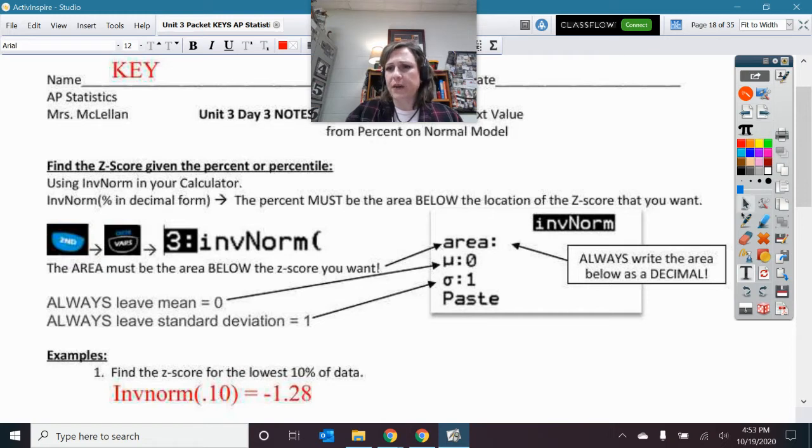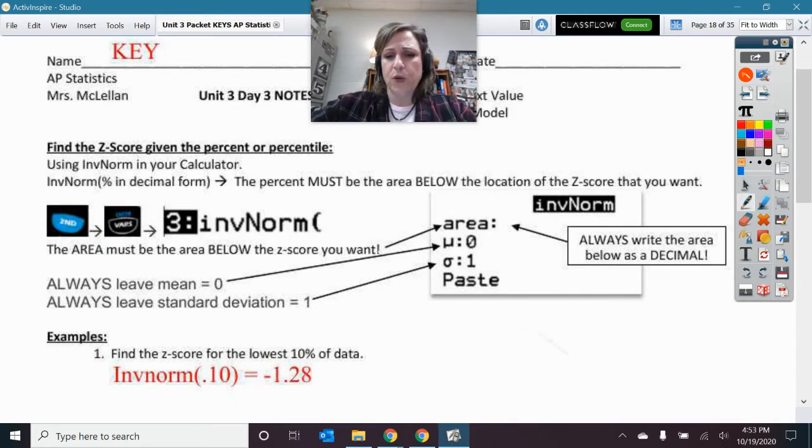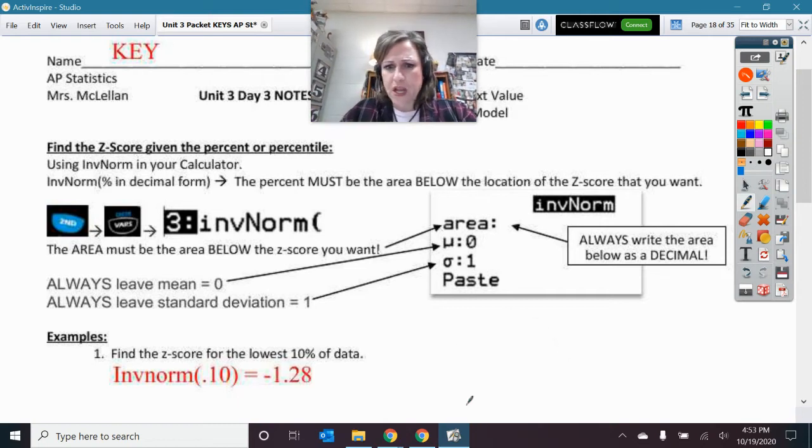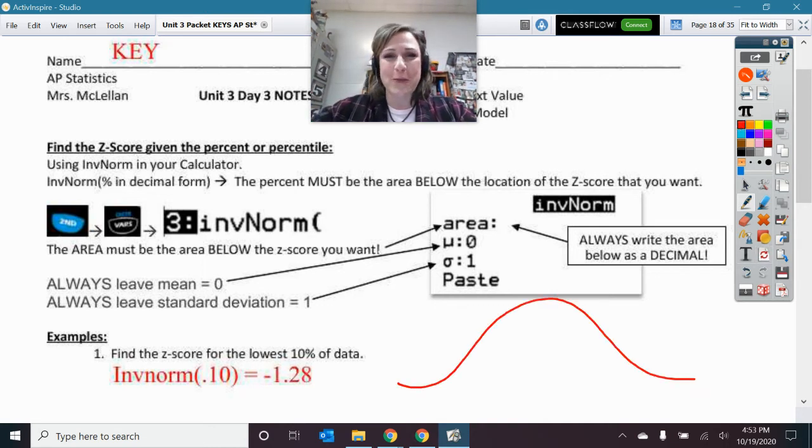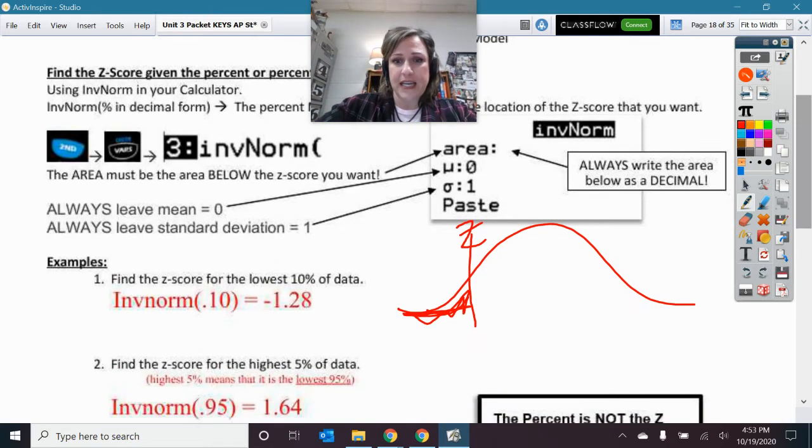If I draw a picture of what's happening here, we've got a normal model and I want the lowest 10%, so this 10% is below here. The question is, what is that z-score right there? And ultimately, we're going to ask what the context value is at that point. That'll be a step further shortly.